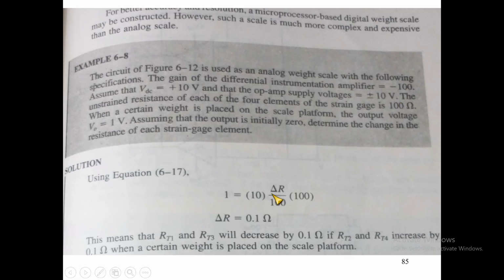So all that is substituted over here. So 1 is equal to 10 del R by 100 into 100. So del R will be 0.1 ohms. This means that RT1 and RT3 will decrease by 0.1 ohms and RT2 and RT4 increase by 0.1 ohm when the certain weight is placed on the platform.